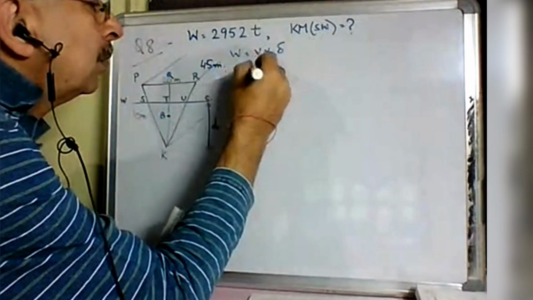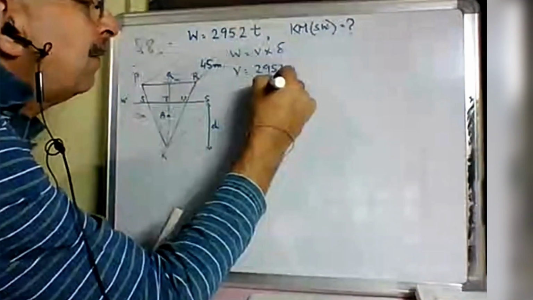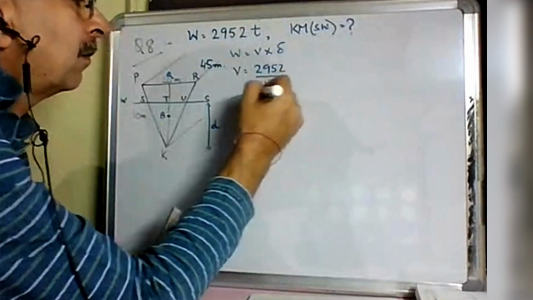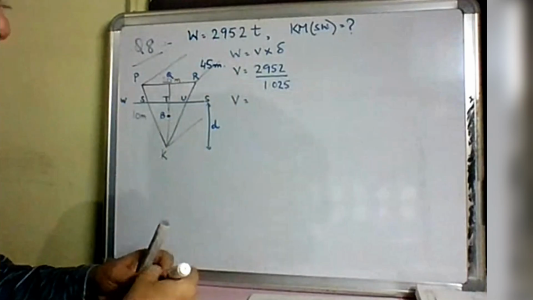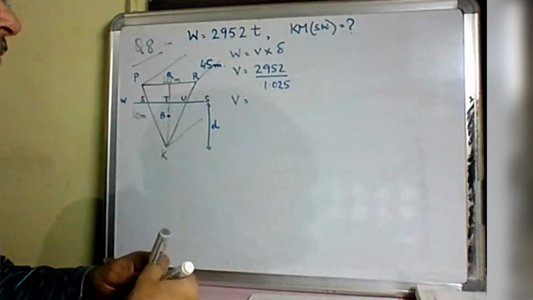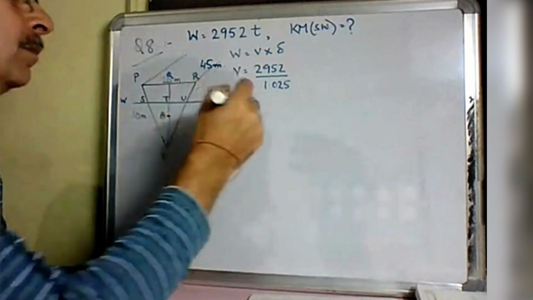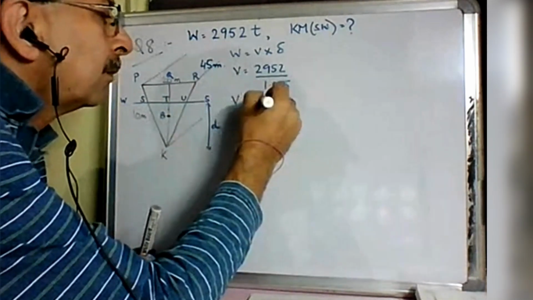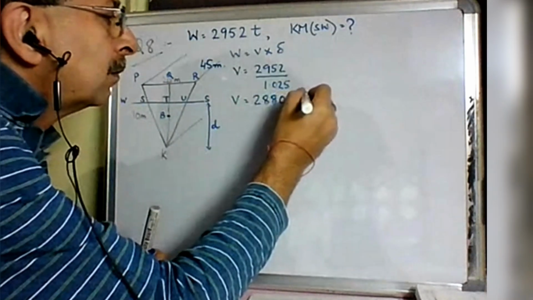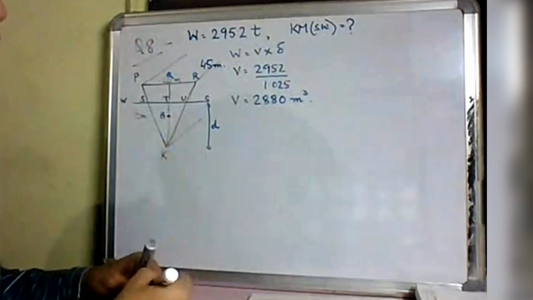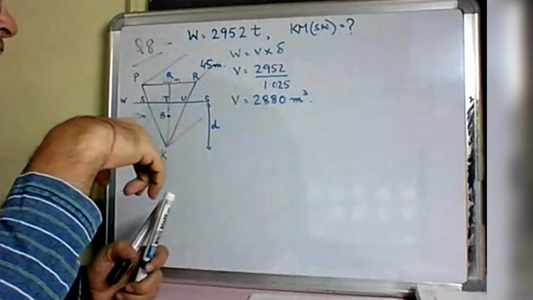So underwater volume is equal to 2952 divided by 1.025. How much is the underwater volume? 2880. 2880 cubic meters is the underwater volume.